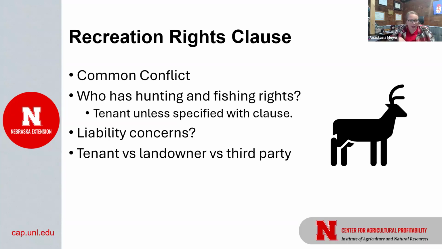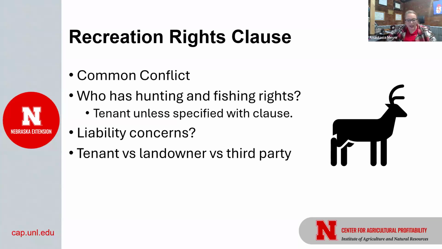If you are letting people hunt, right, there are some liability concerns, but there is a law, the Nebraska recreational use law, that says as long as you didn't booby trap, you didn't charge, and you don't know of any dangers out there, you're not liable for them getting hurt on your ground, right? And I think it's also different what you give rights to. Let's say you give your tenant the ability to hunt your ground.